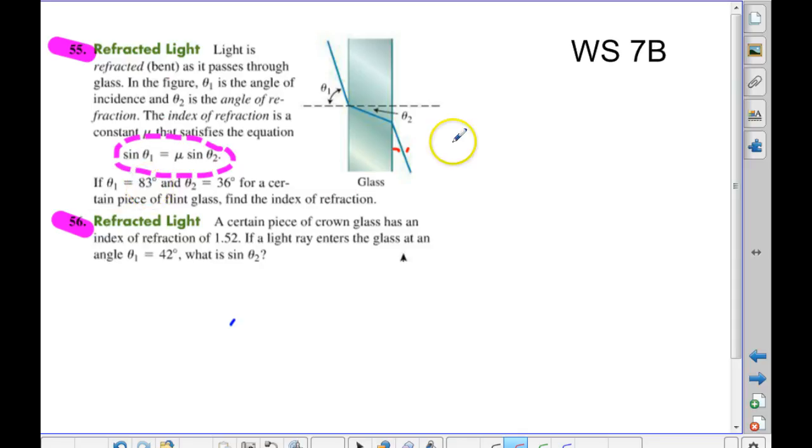If angle 1 is 83 degrees, and this is a Greek letter mu times the sine of 36 degrees, it wants you to find that mu, the index of refraction it's called, how much the glass bends the light wave. So you're just gonna, oh, that was supposed to be a 36, wasn't it? Sorry. You're just gonna divide, okay?